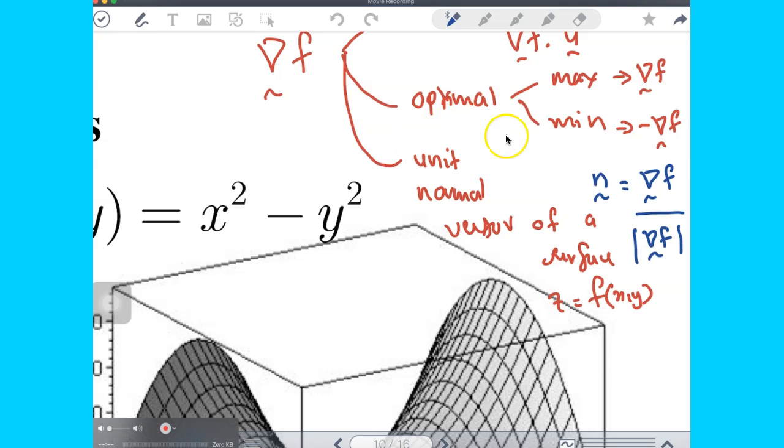So n here is a unit normal, because whatever vector you have, divided by its magnitude, always gives you a unit vector. If you just have gradient F, it is considered a normal vector, but if we have gradient F divided by its magnitude, then we say unit normal vector. Hopefully you understand that.